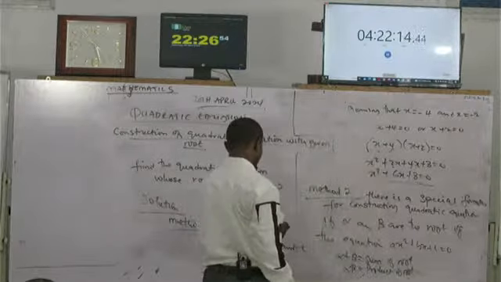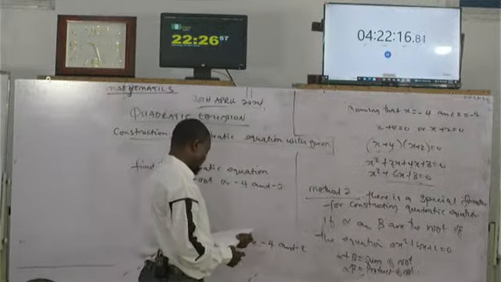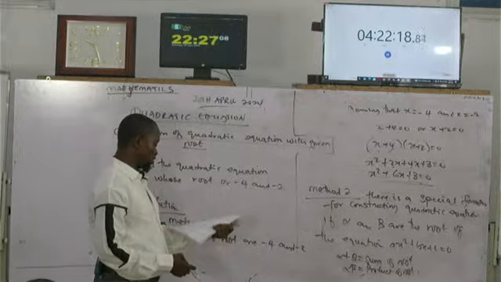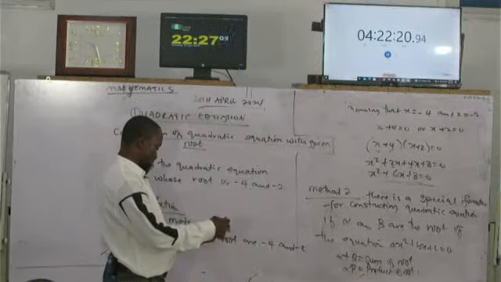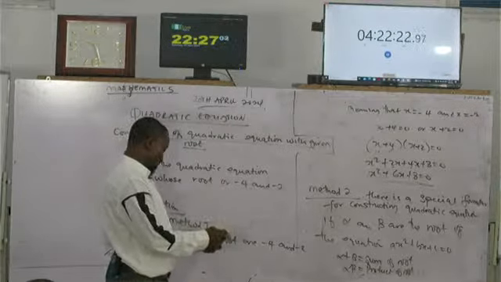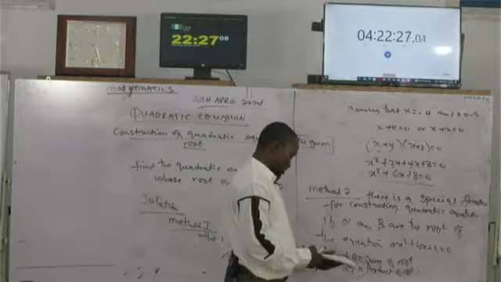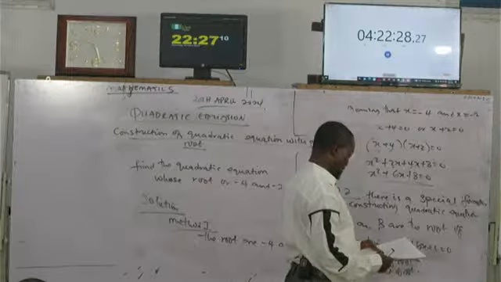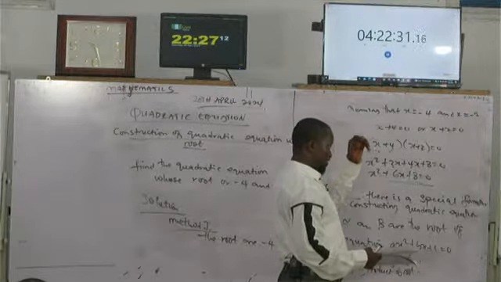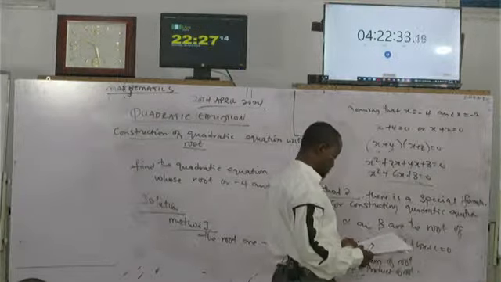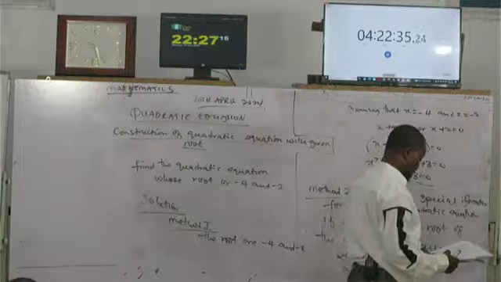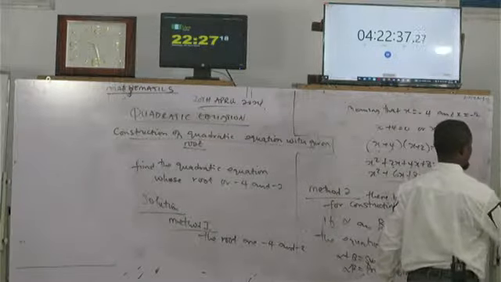Is that correct? So the quadratic equation will be made from the sum of the roots and the product of the roots.